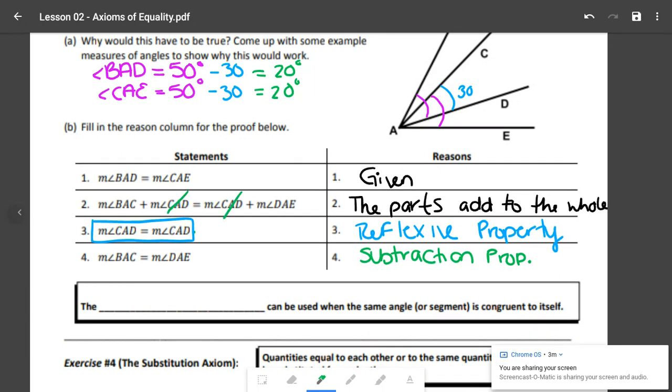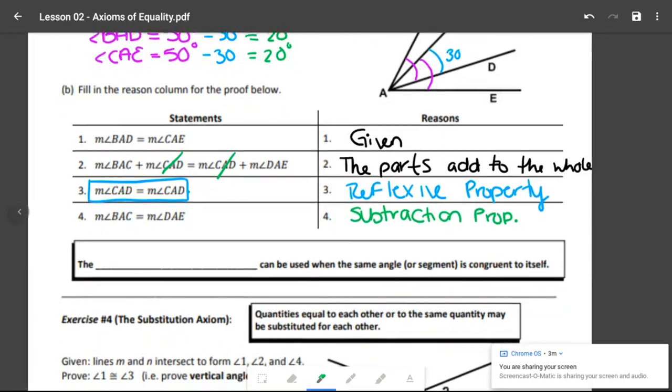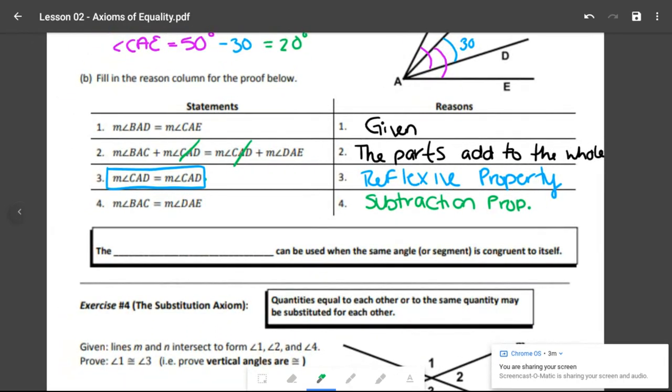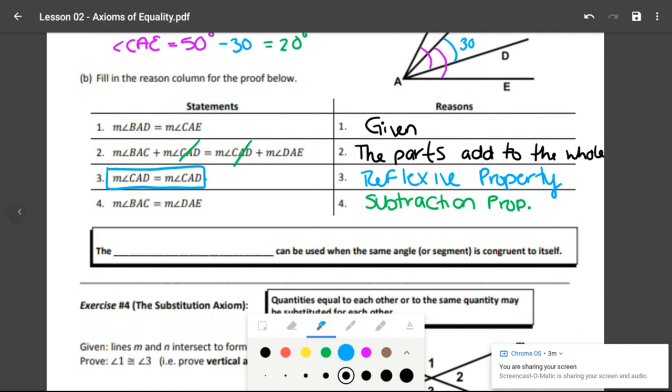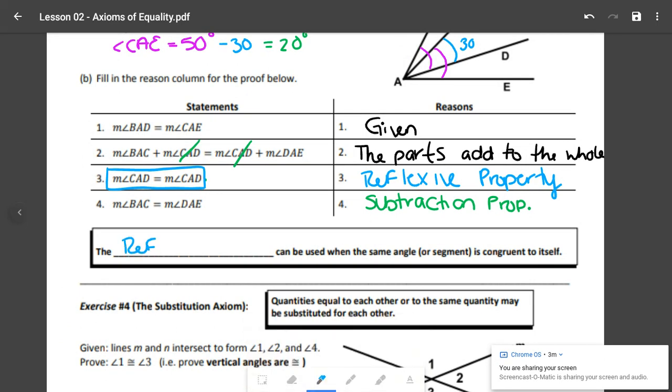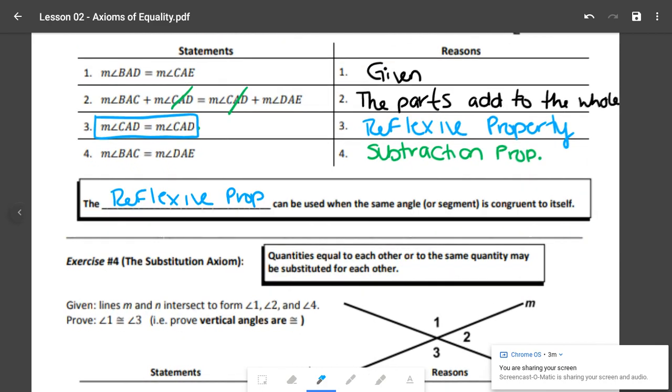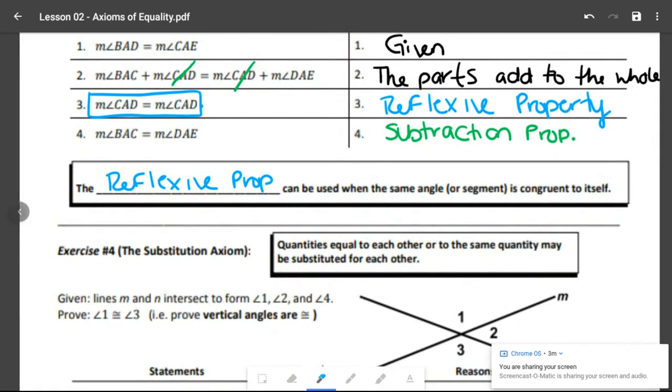So we canceled them out by subtraction and we're left with just the two angles that we wanted in the given. Okay, and we can go ahead and fill in the reflexive property. It can be used when the same angle or segment is congruent to itself. In every situation, that's what it's going to boil down to.